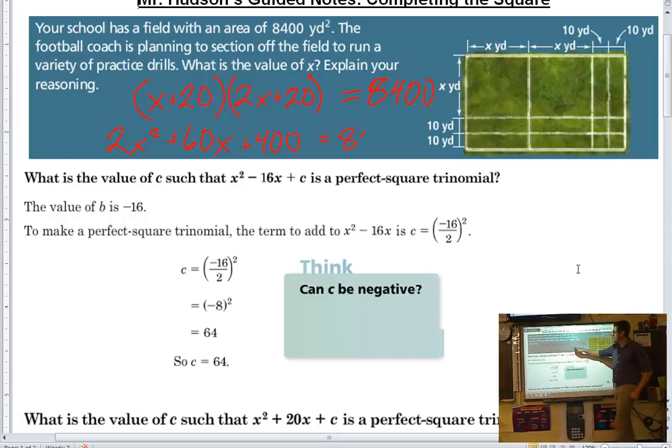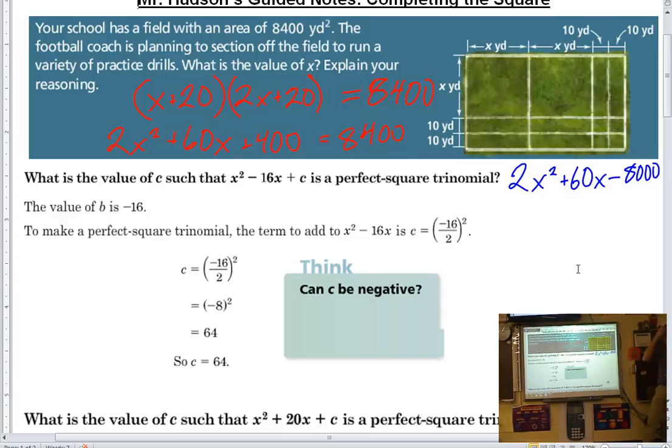But this is no good because it's not quadratic. So we subtract our 8,400, and we get 2x squared plus 60x minus 8,000 is equal to 0. And I am out of board, but you get that.